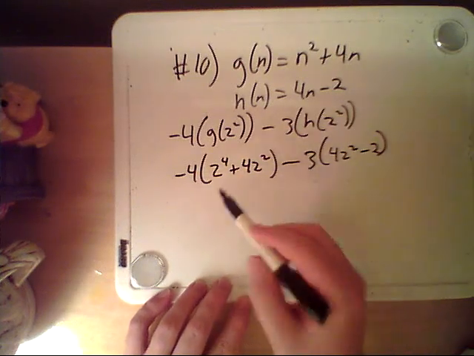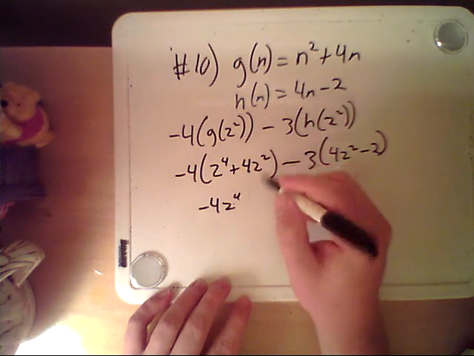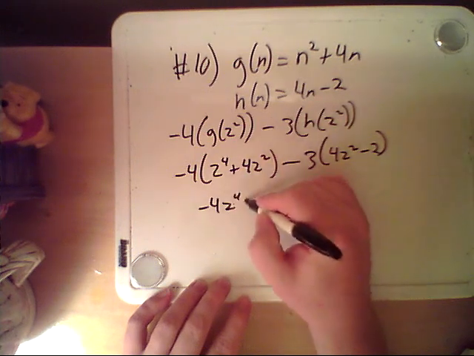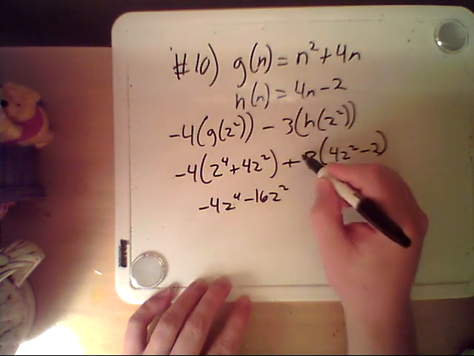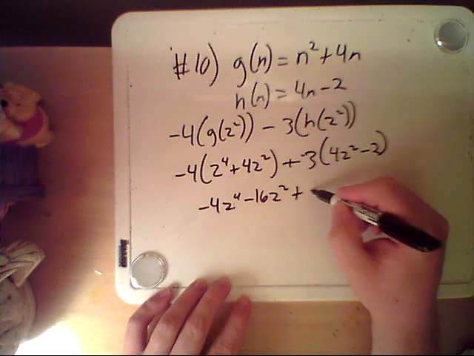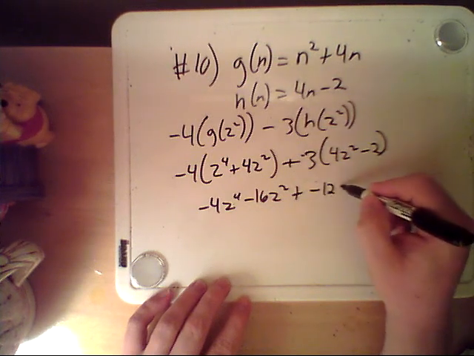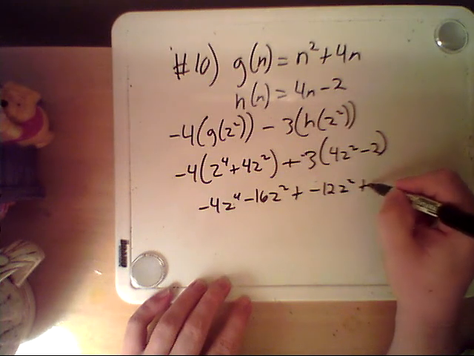Negative 4 times z to the 4th minus 16z squared. We'll change that to a plus negative there. So plus negative 3 times 4 is negative 12z squared. Negative 3 times negative 2 is positive 6.